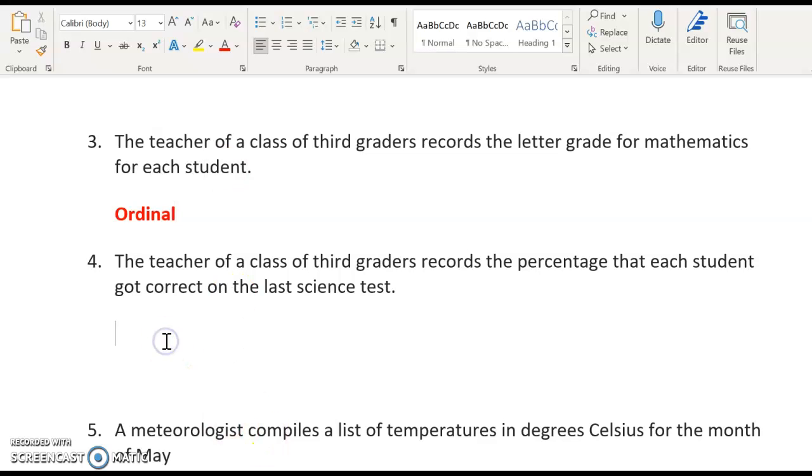Okay, let's look at the next one. The teacher of a class of third graders records the percentage that each student got correct on the last science test. Well, this is going to be ratio.